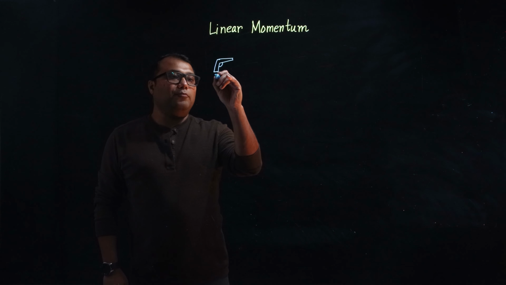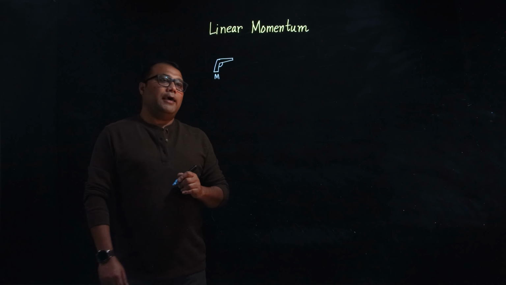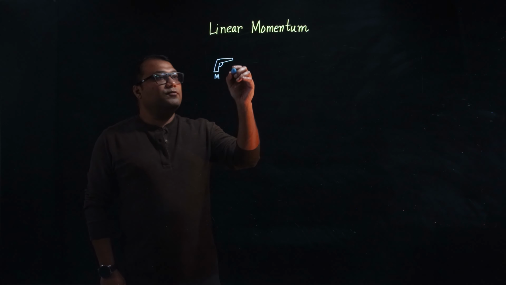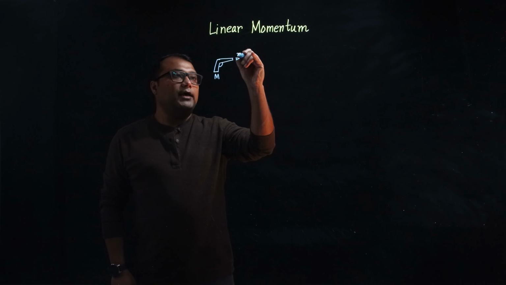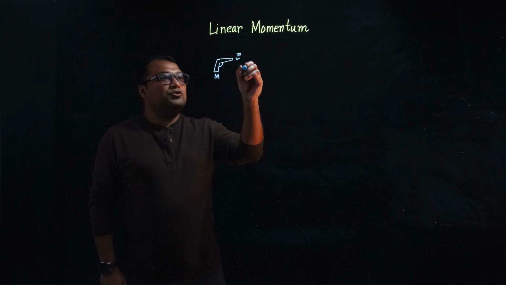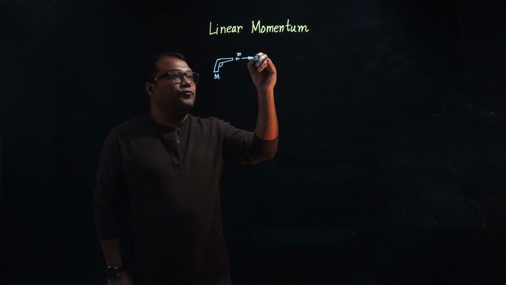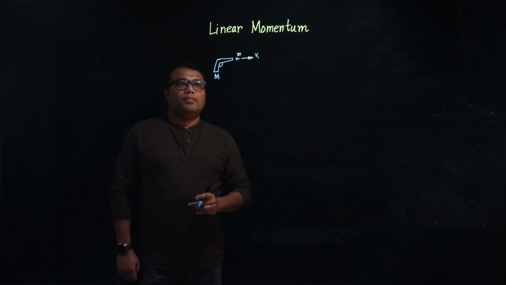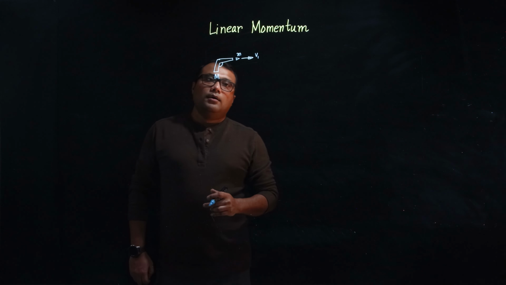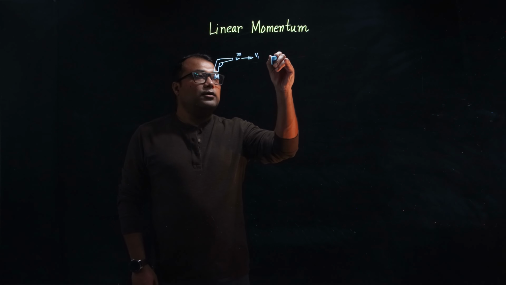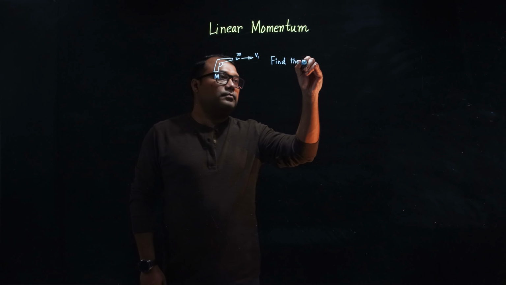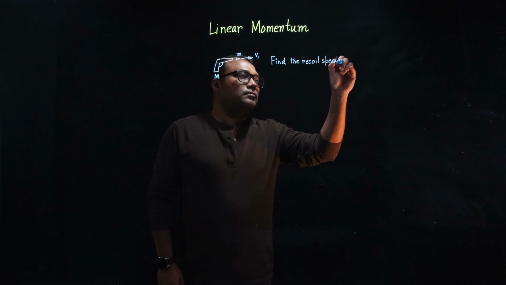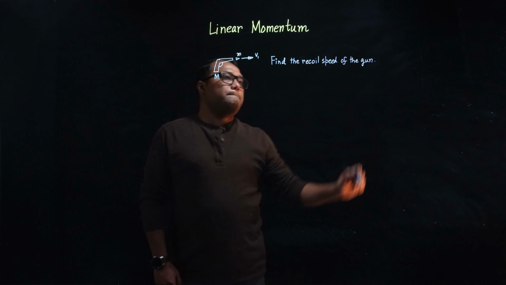The gun mass is M, capital M, and someone pulls the trigger and a bullet whose mass is small m is shot out of the gun with velocity v1. Okay? Find the recoil speed of the gun.